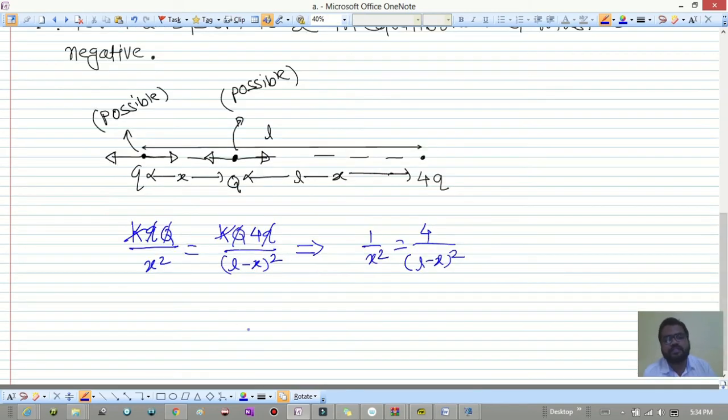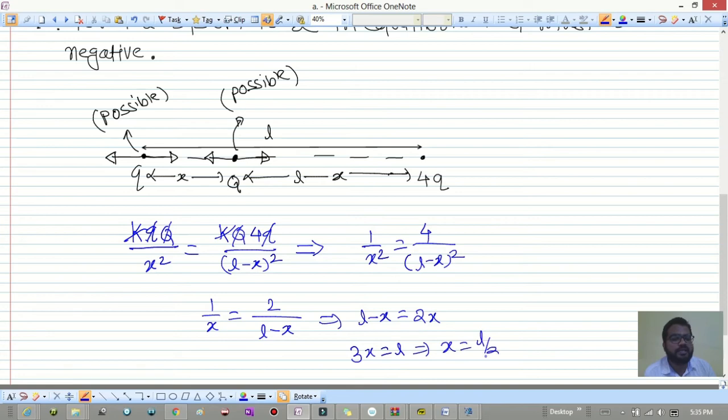If you take the square root, you get 1 by x is equal to 2 divided by L minus x. So L minus x is equal to 2x, so 3x is equal to L. So x must be L divided by 3, so that capital Q will be in equilibrium.